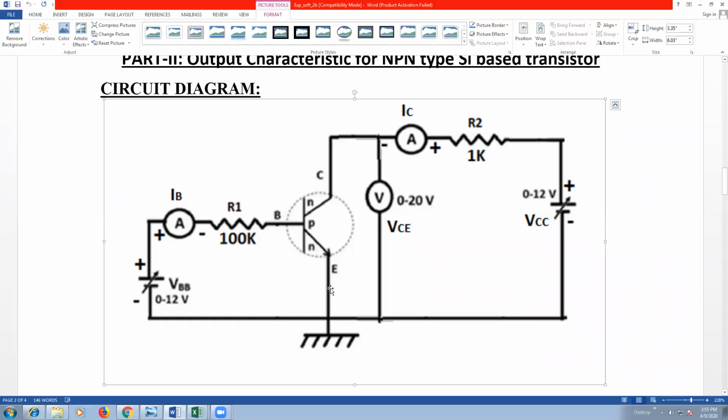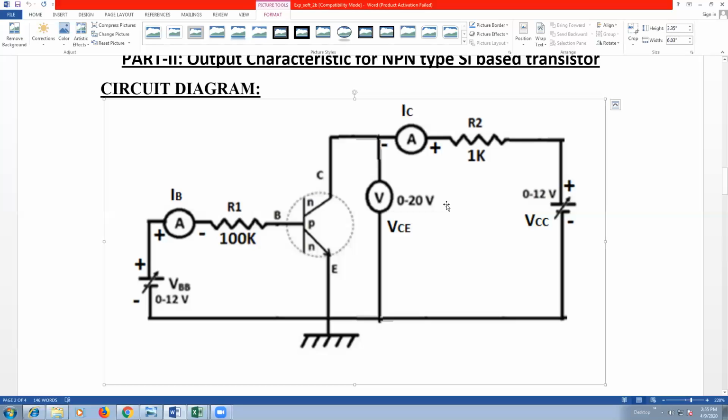Then the emitter terminal is connected with the negative terminal of the variable power supply VCC. By this ammeter, denoted by IC, we can measure the collector current passing through the collector.